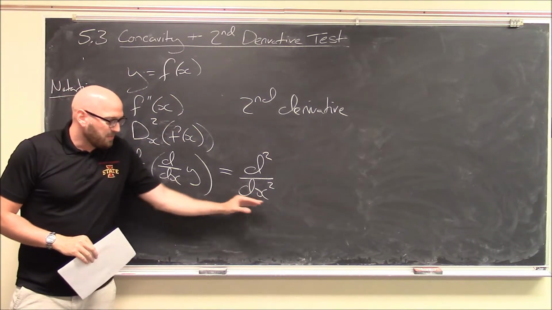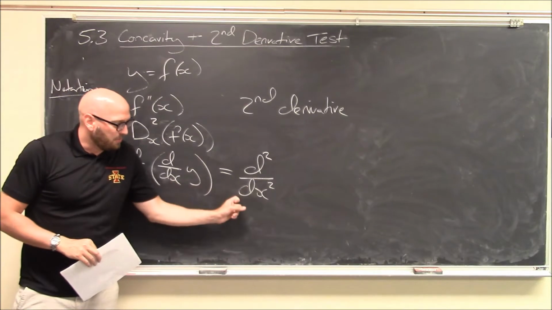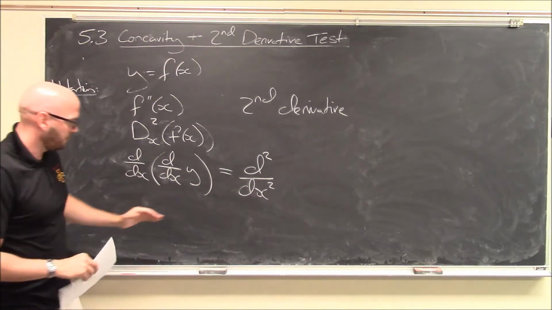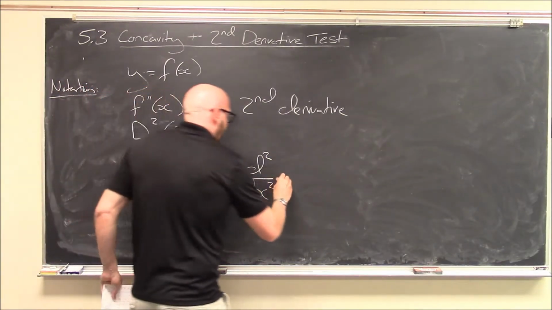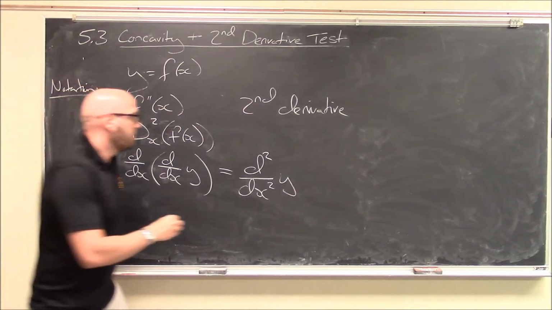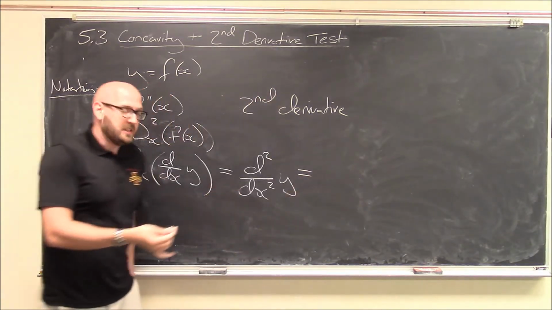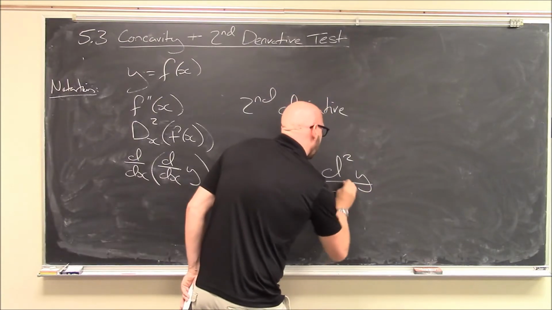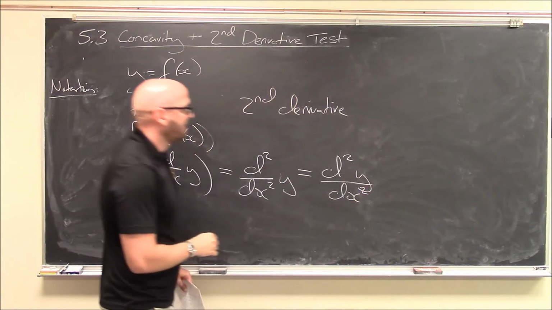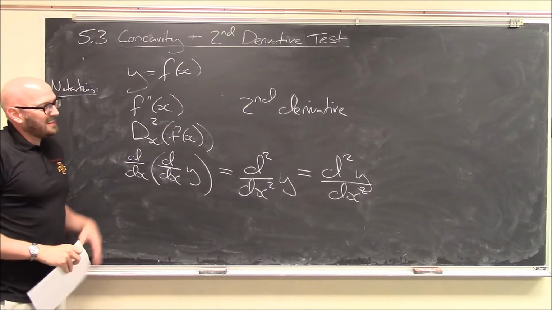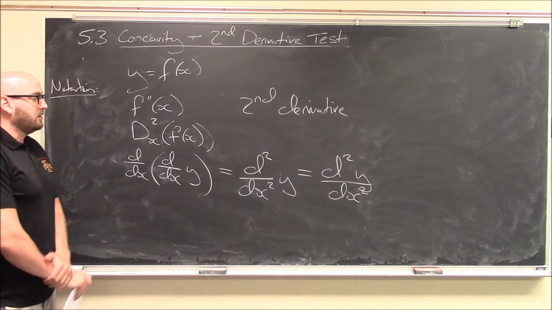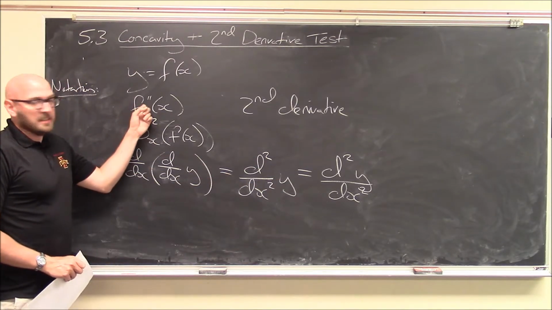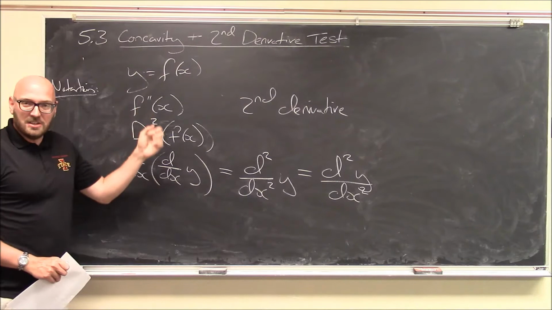The dx is considered to be a single object, so the squared is applying to both pieces. It's not just an x here. Dx is just one thing, despite having two characters representing it. So that's just one thing of y. Or, quite often, as in dy over dx, the y ends up top. So there's d squared y over dx squared. That's the Leibniz notation. It tends to be a little bit clunky for second order derivatives, but you will see this from time to time as well. Although if I have a choice, I tend to just stick to the Newtonian priming notation because it's cleaner.